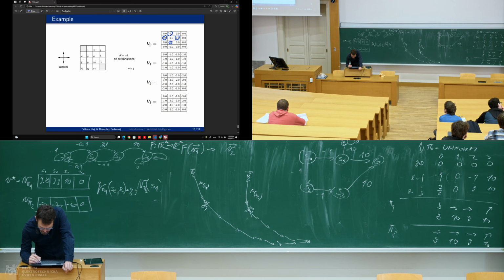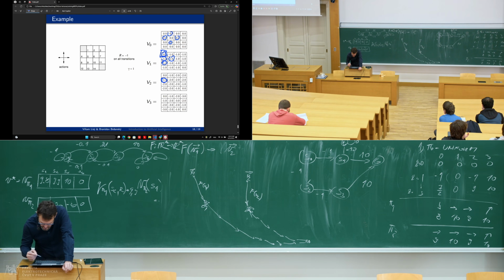And then if you look at this, you can go here, here, here, or stay where you are. You will take the max of it, which is here. You will pay -1 to get there, but you will get 0 there, right? So this is your new value.